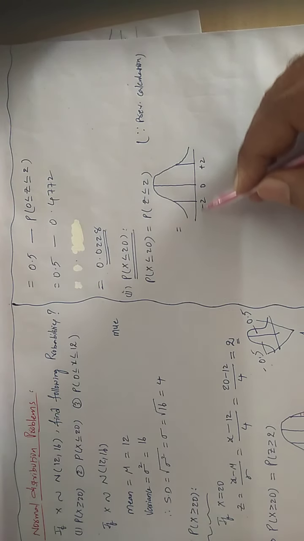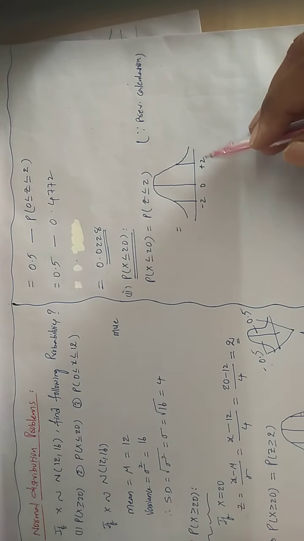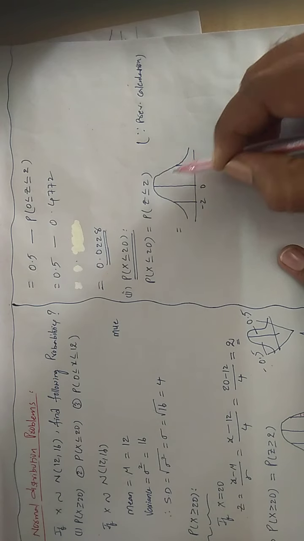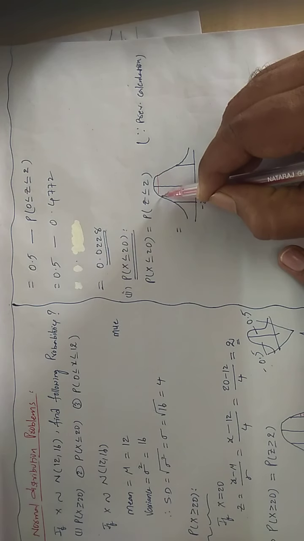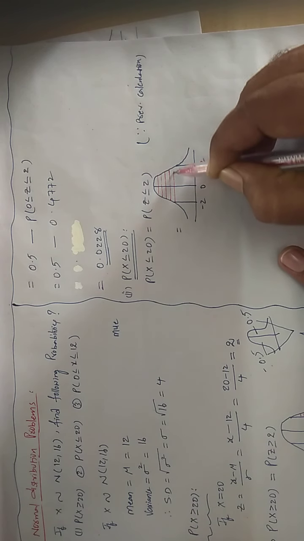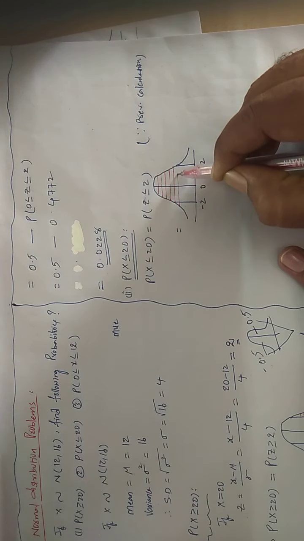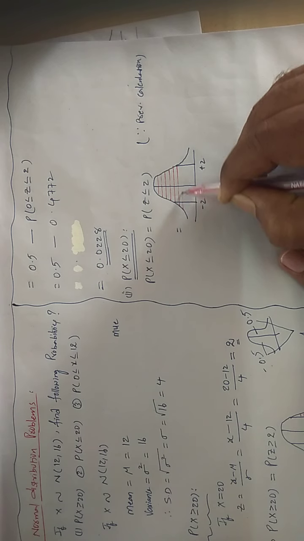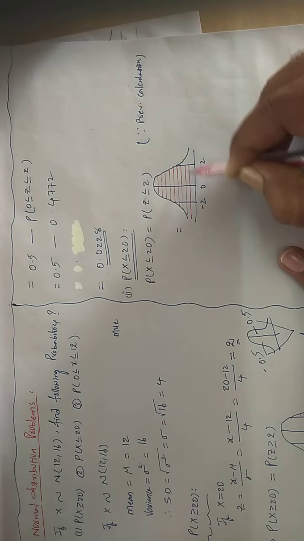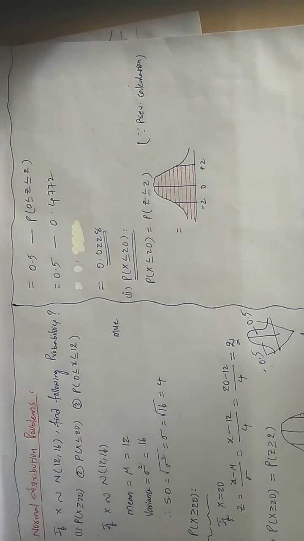So 2 less than or equal to means all this area, the complete area, is required. So all the values are required. Like this, neatly shade it.